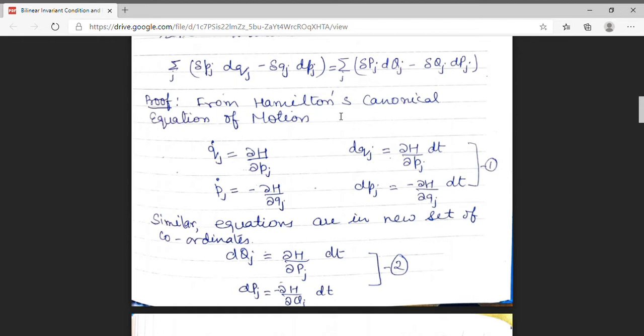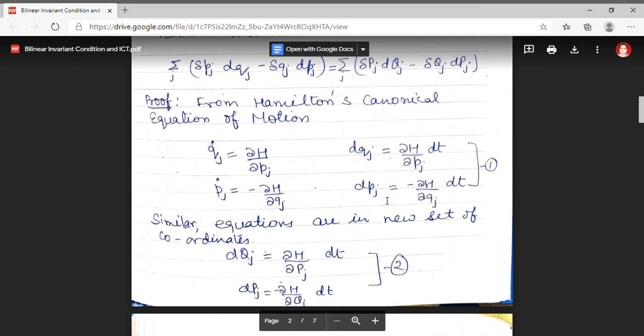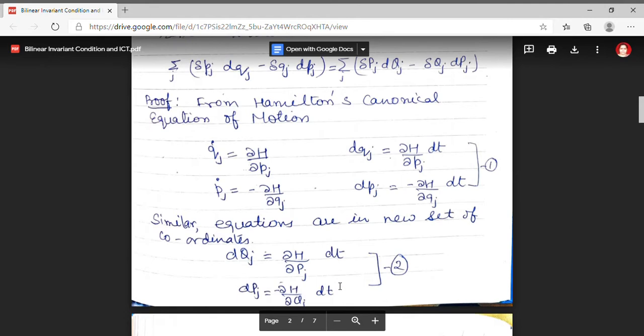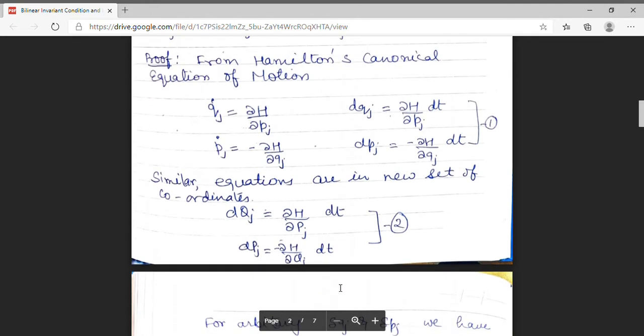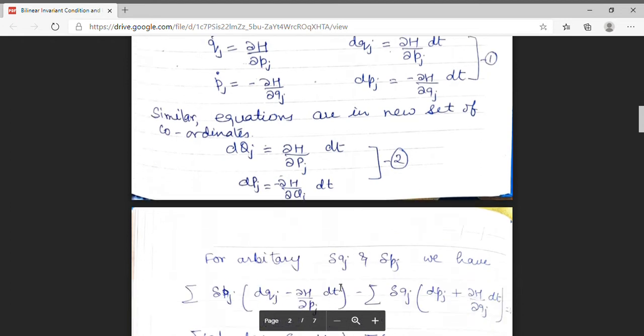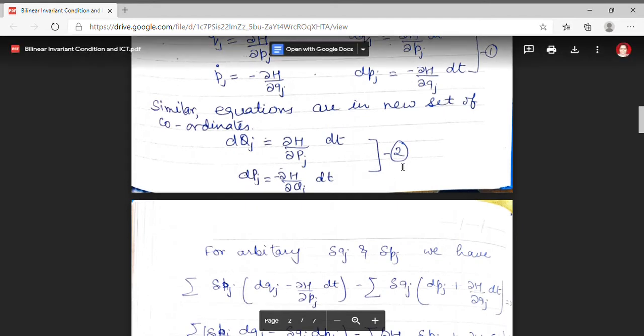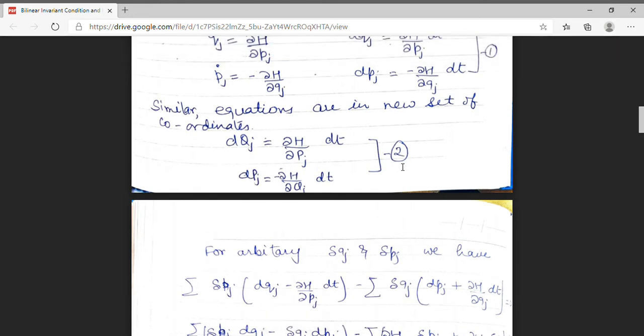So, we can express these expressions in our new set of coordinates, where the simple change is that small qj is expressed as capital Qj and similarly small pj is expressed as capital Pj. Now, these first and second equations are satisfied simultaneously and we have arbitrary del Qj and del Pj.